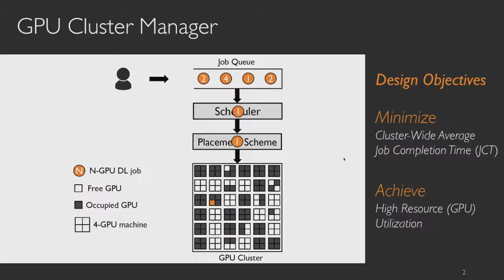The deep learning cluster or GPU cluster scheduler is a relatively new research area. I think the first paper comes out of Microsoft in OSDI 2018. After that, every year you could see one or two GPU scheduler papers appear in top conferences.